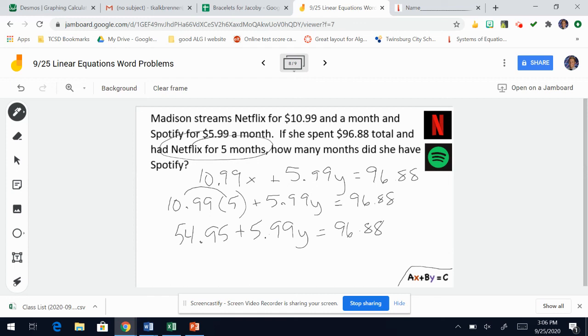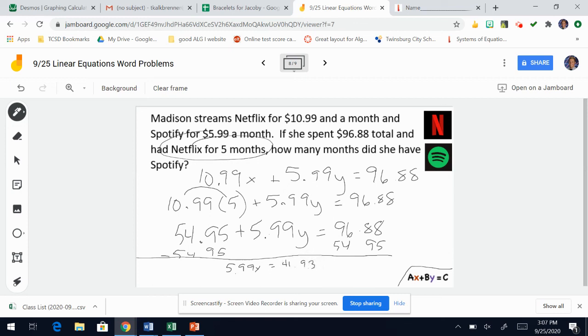Now what do we do? Combine like terms over the equal sign. Good. So we're going to subtract 54.95 from the left, bring it to the right. We're going to get 5.99y equals 41.93.